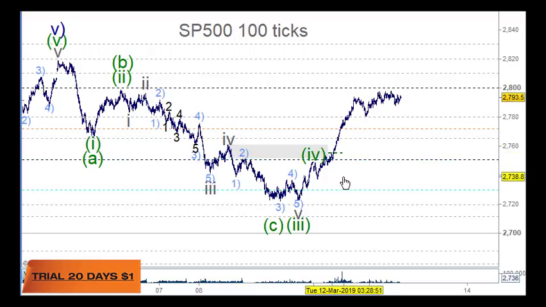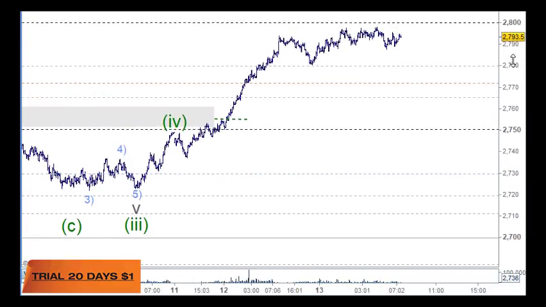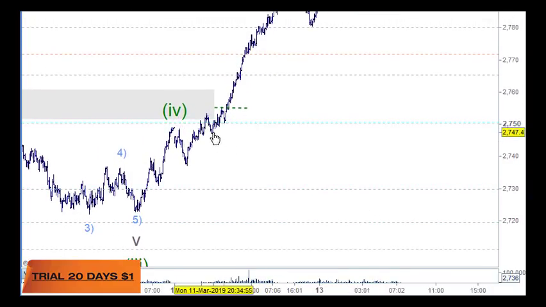It found support, a nice little tested support.